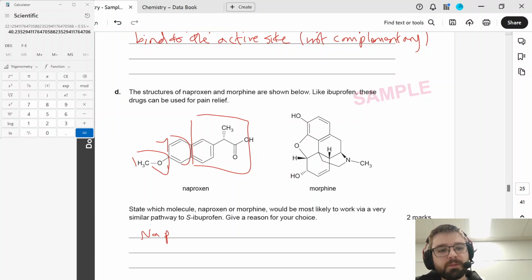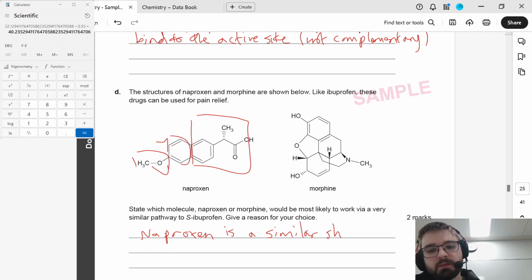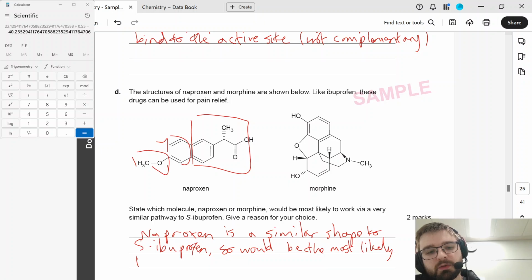So naproxen is a similar shape to S-ibuprofen, so would be the most likely to bind to the same or similar active sites.